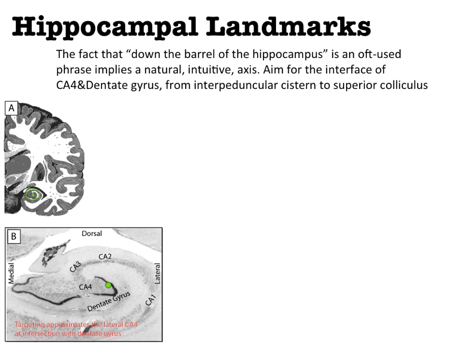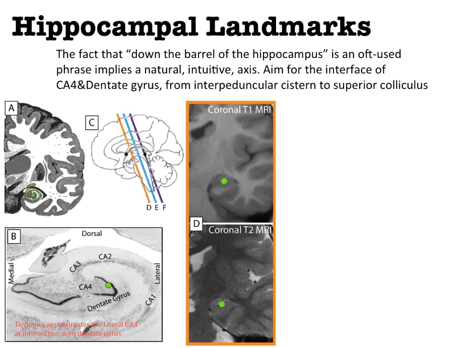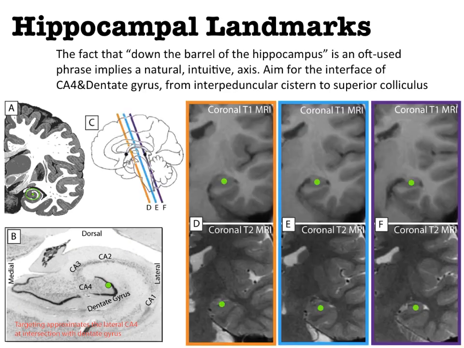Although it's easy to identify this intersection on stained sections like those on the bottom left, typically on MRI we target the middle of the hippocampal structure and look for gross divisions of the dentate gyrus and cornu-ammonis.